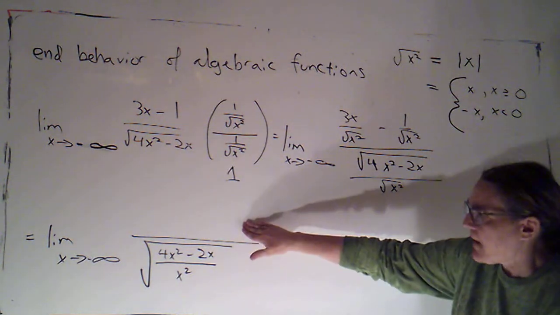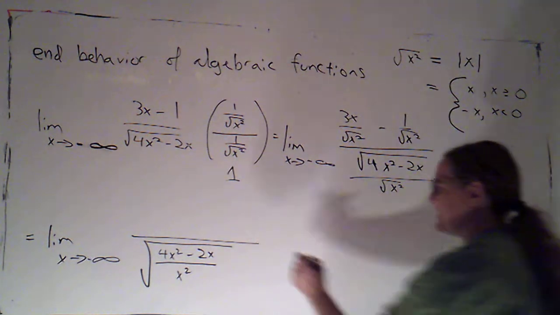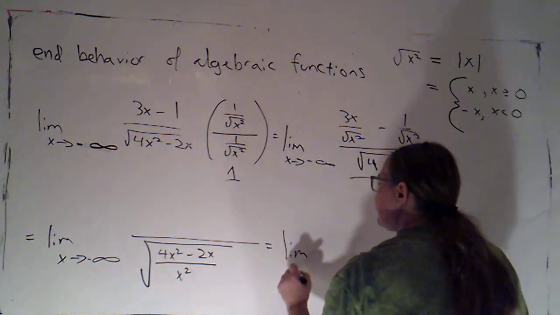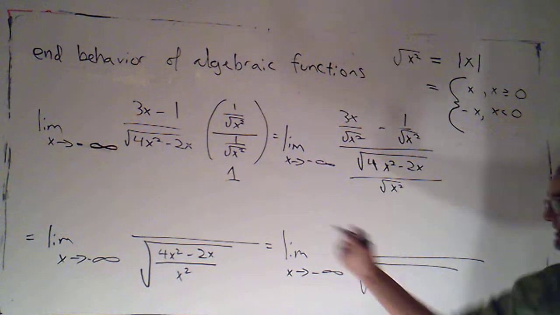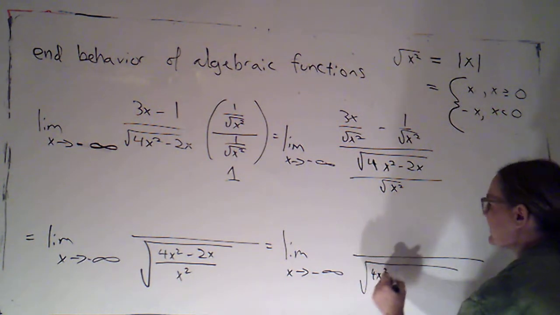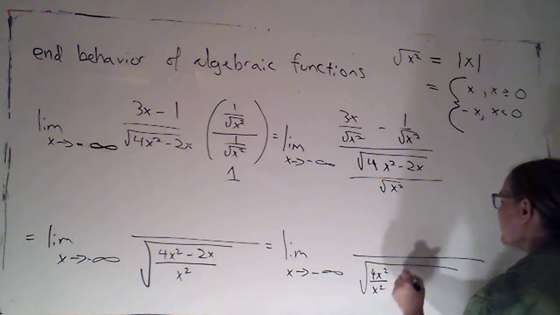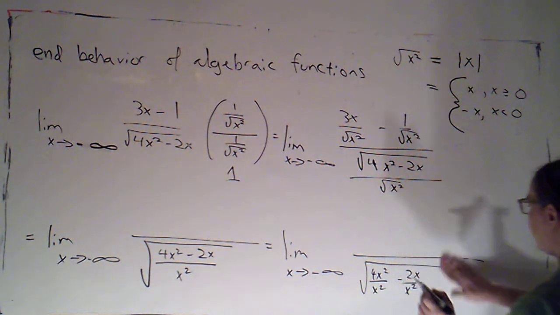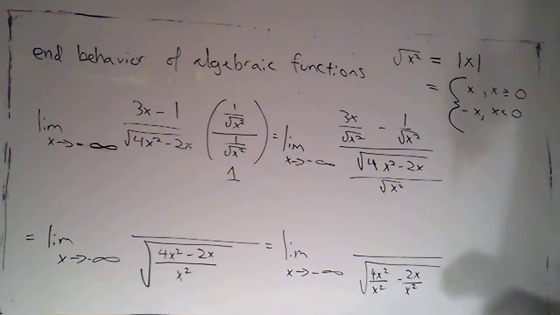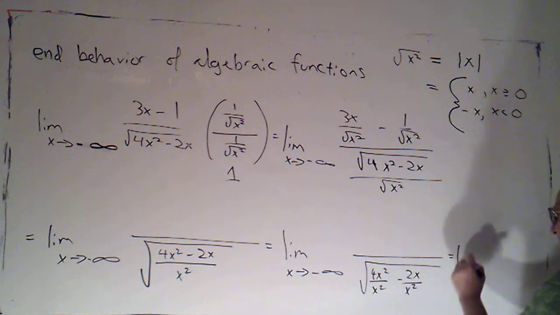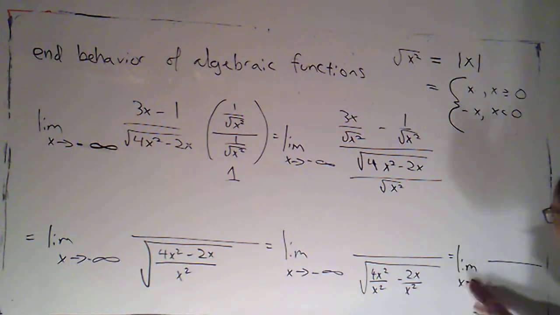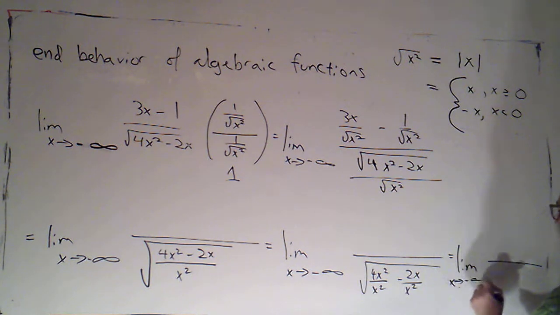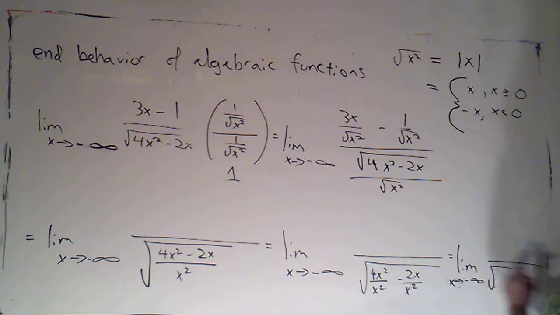I'm going to come back and simplify the top in a moment. But once I've got everything under that root, I can distribute that x squared under the radical. So it's 4x squared over x squared minus 2x over x squared. Once I've done that, I can cancel some x's. So this is the square root of 4 minus 2 over x.